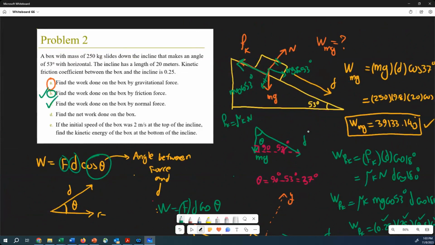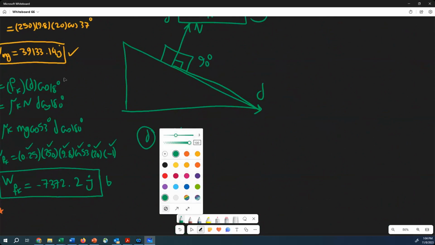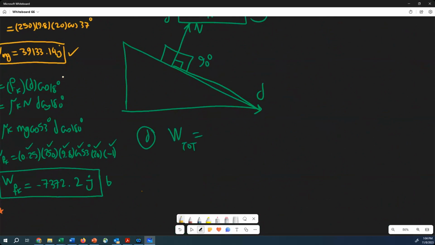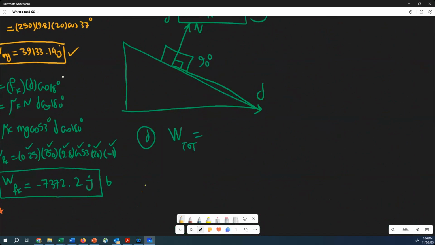Find the net work. Okay, add all the work together. The net work, part D. Work total is going to be what? Let me write it here: work of mg, work of friction force, work of normal force.